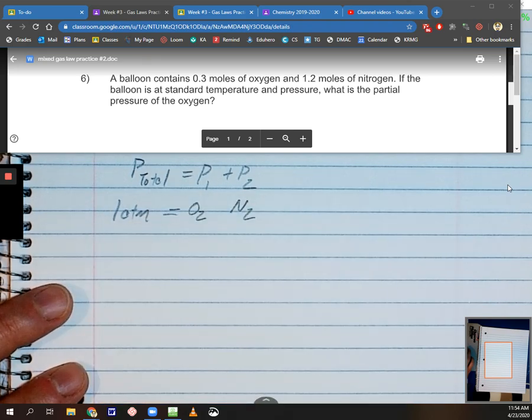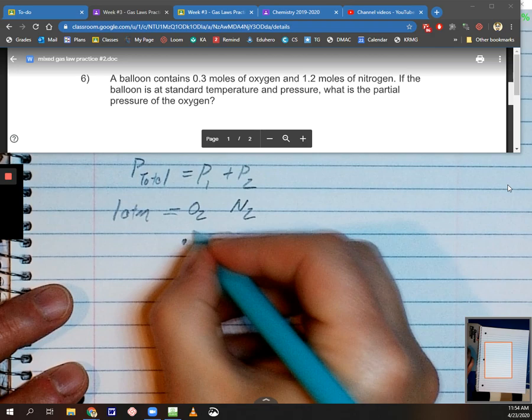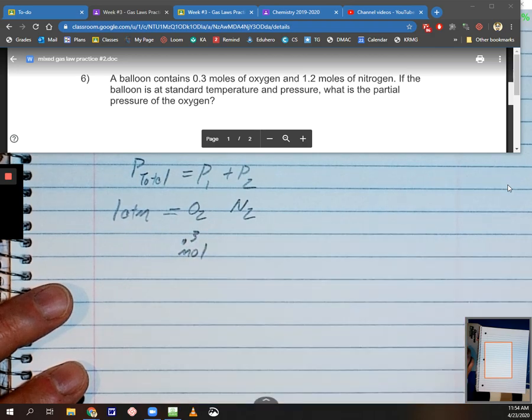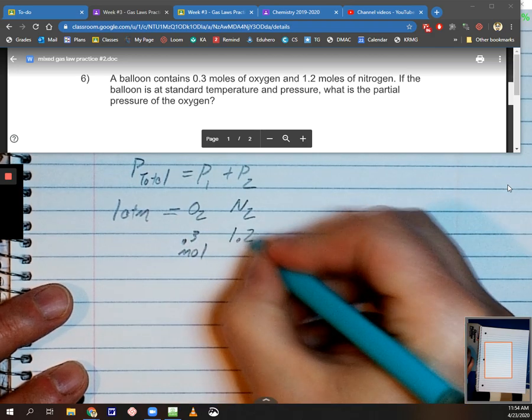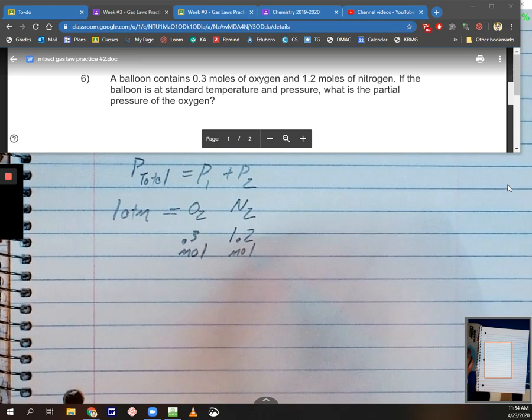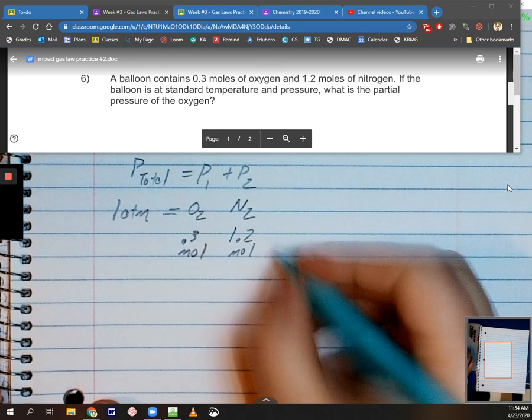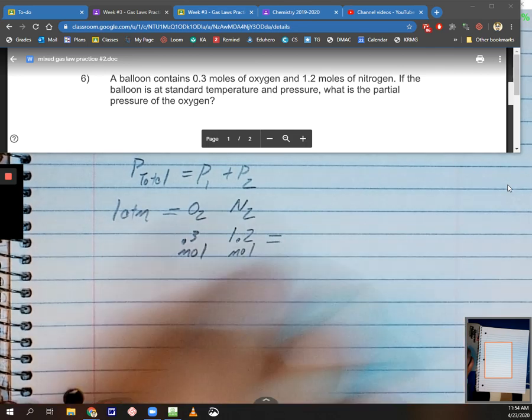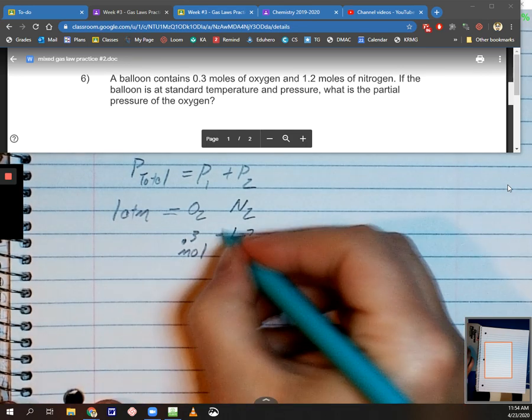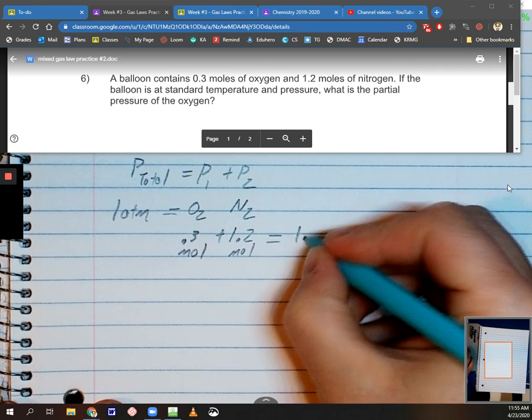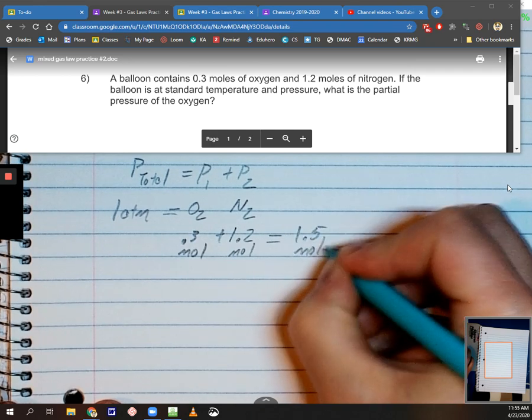And we know as far as amounts, we know that this is 0.3 moles. We know this is 1.2 moles. Now, if these gases take up equal amounts of space, if they've got equal quantities, then we can assume that the total number of moles of gas in this entire balloon is 0.3 plus 1.2, or 1.5 moles, right?